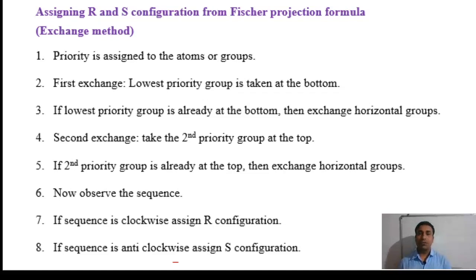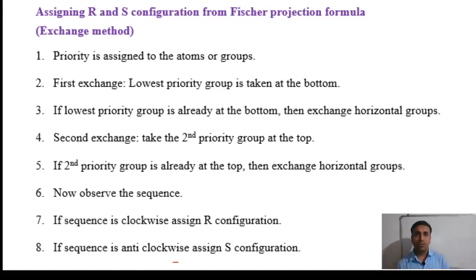So these two types of exchanges are done, and after doing these exchanges, the sequence is checked 1, 2, 3, 4. If the sequence is clockwise, then it will be R configuration, and if the sequence is anti-clockwise, then it will be S configuration.